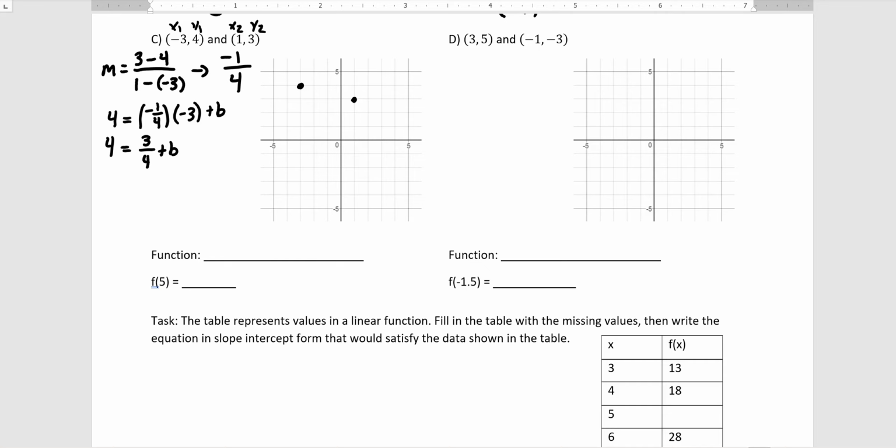Now I need to subtract 3/4 from both sides. 4 minus 3/4, so that'd be 16 over 4 minus 3 over 4. 16 minus 3 is just 13, so that'd leave me with 13 over 4. So my function here would be f of x equals -1/4 x plus 13/4.